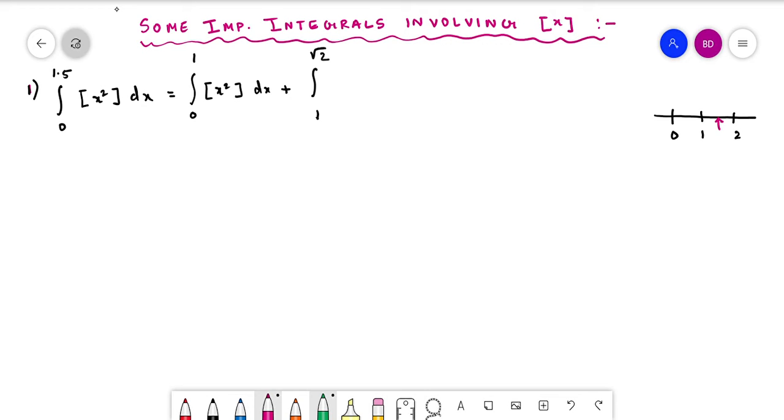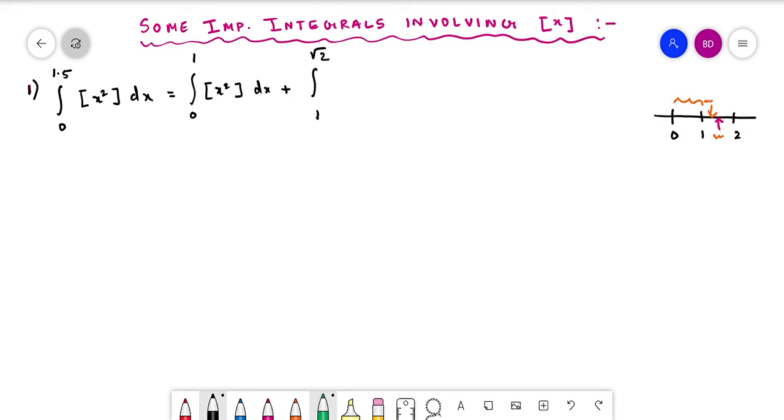And root 2 is 1.4 something. So root 2 is somewhere just on the left of this arrow. So we are breaking the interval like this. One I'm taking from 0 to 1, one from 1 to root 2, and the other is root 2 to 1.5. Why I am breaking it like this, you will soon understand when I explain the next step.